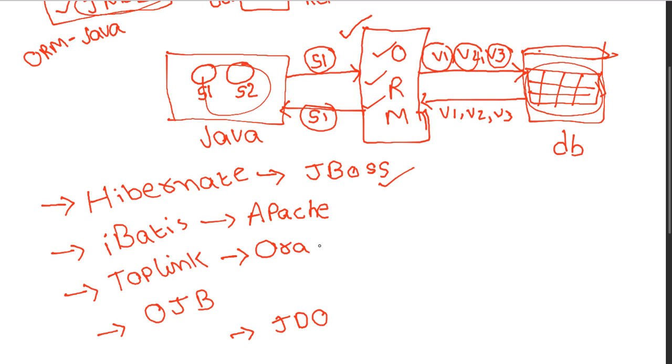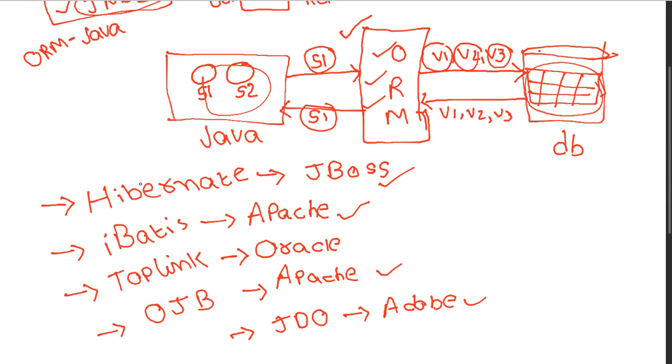Java is given by Oracle, and TopLink is also given by Oracle. And OJB is also given by Apache. So Apache gave 2 ORM tools: one is iBatis, one is OJB. And JDO is given by Adobe. So these are the famous ORM tools: Hibernate, iBatis, TopLink, OJB, JDO.